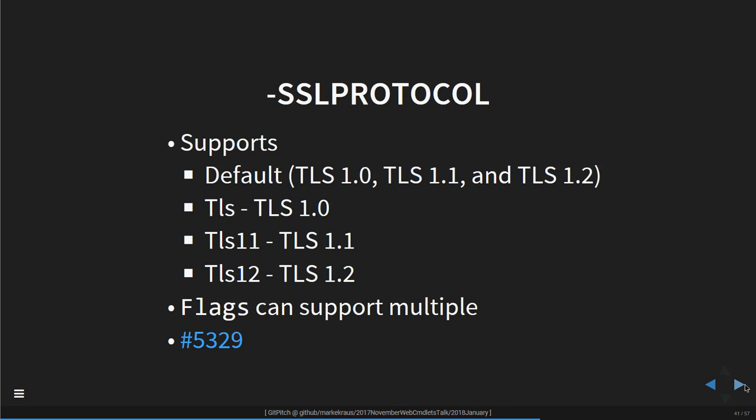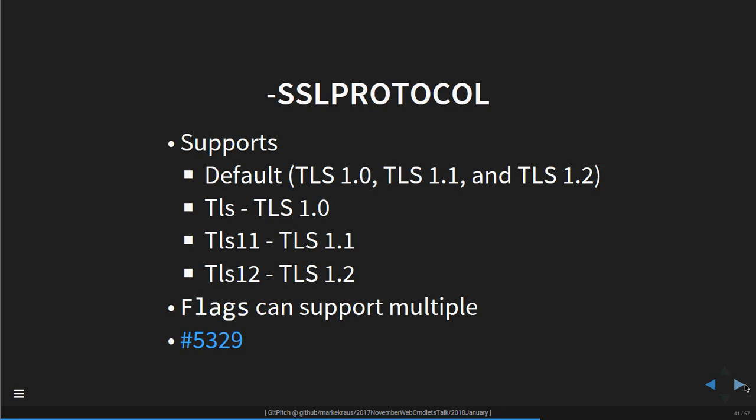SSL protocol, this was added right before the RC1 release. This is the last new feature in 6.0 that was added, because all the RC stuff is just critical fixes before we go to GA release. So this was the very last thing put in.